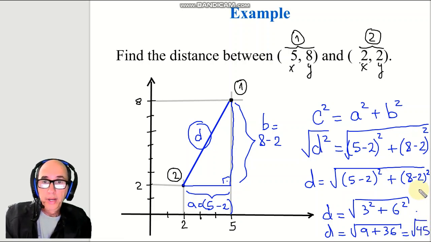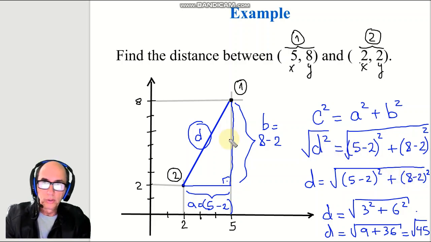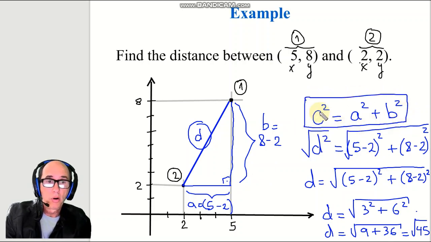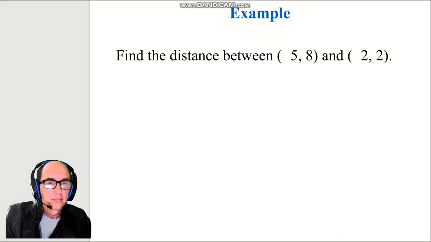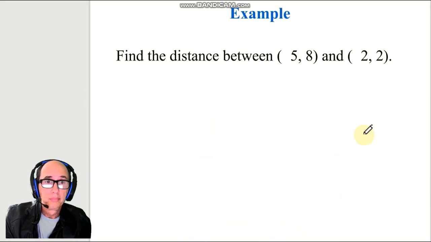Okay, we can just draw the graph and come to the conclusion that it's possible to use the Pythagorean theorem, or let me give you another option, which is to apply a formula.